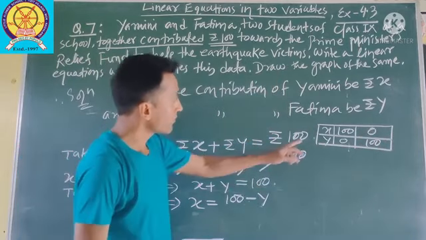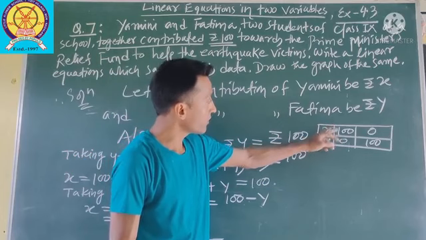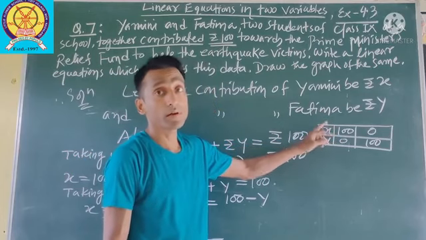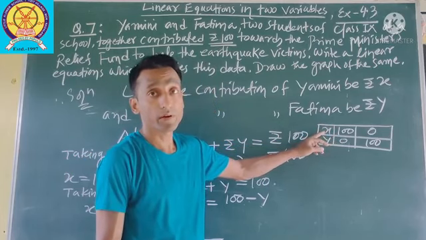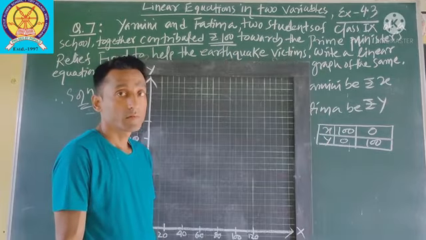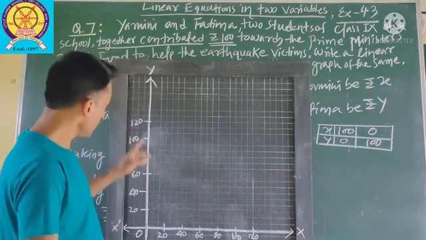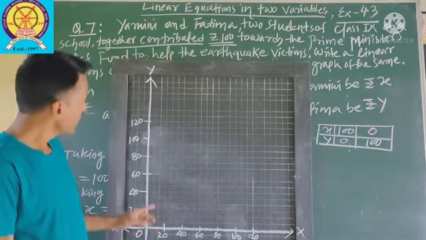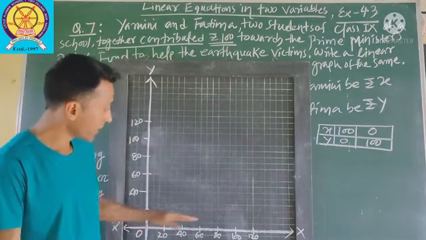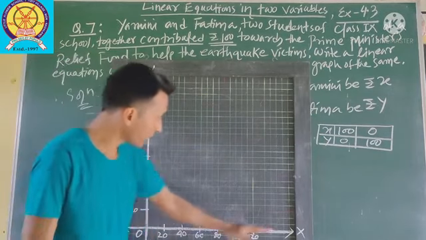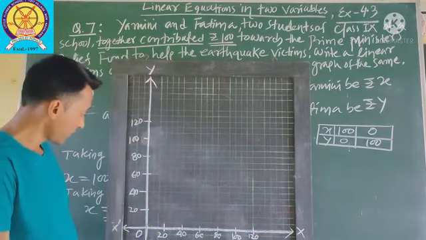Now these x coordinates and y coordinates we will plot on graph paper. So now you see in your graph paper you make the Cartesian plane like this. This one is the x axis, this one is the y axis.